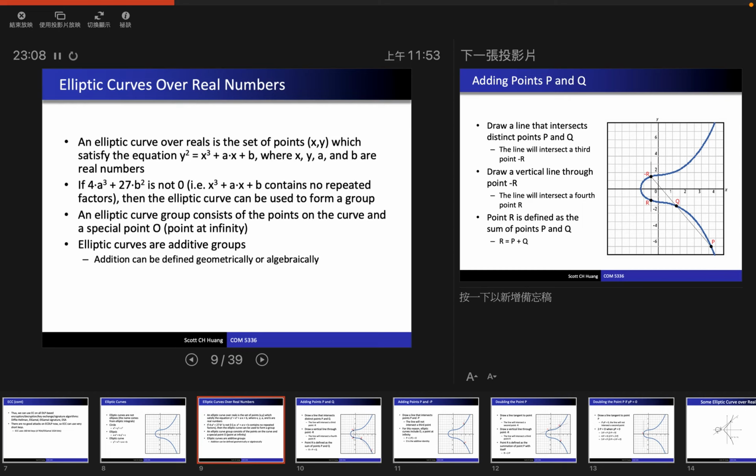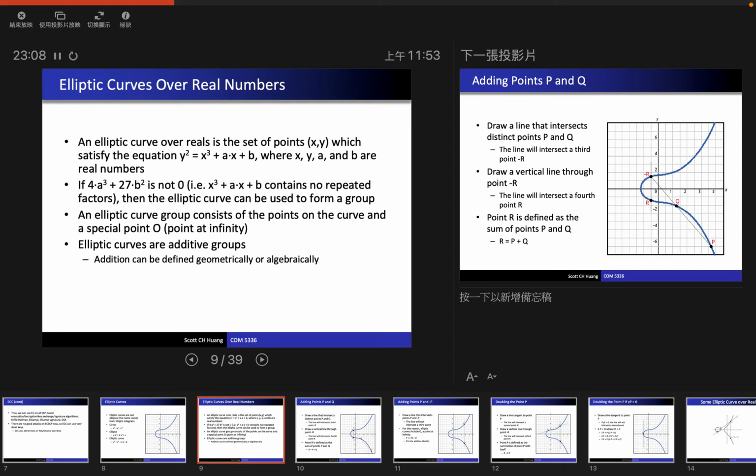Both of them are a little bit weird. What's G? The set consists of all points on the curve plus an imaginary point. So that point you can't see. That's a little counterintuitive, right?